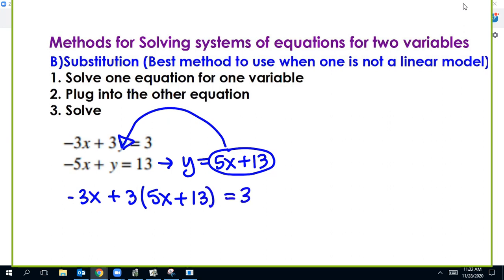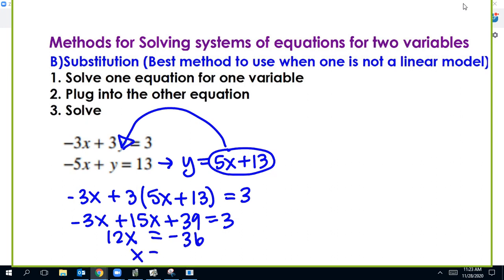This one's a great one if one of the variables is already by itself and it is simple to solve for it. So you can just plug it right in, and then you only have one variable now. Distribute. We get 12x equals -36, which makes x equal to -3.